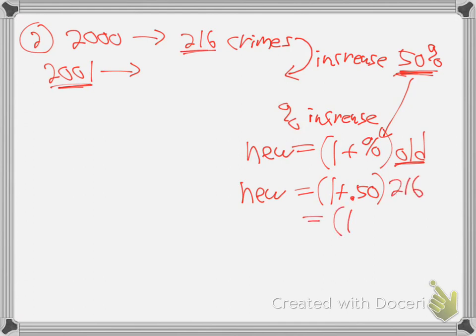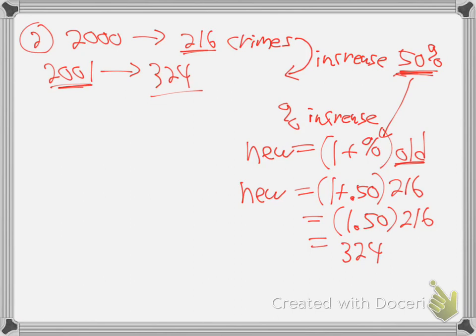So the new will be 1.50 times 216. Hit the buttons on your calculator. 324, I think, right? 324 crimes in the next year. Remember the percent increase, decrease formula we did yesterday? Anytime you want to do that, it's just 1 plus the percentage times the old.